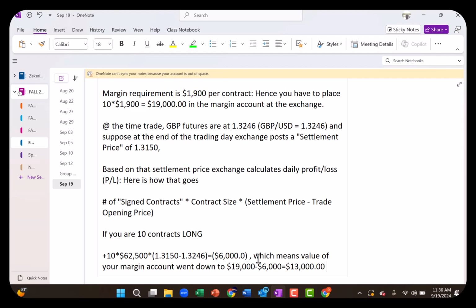There's a limit. Until then, exchange doesn't tell you that you should do something about it. The initial margin is called the initial margin, but there is also a number called maintenance margin. If you go below that, in the old days, you literally got a phone call that said, if you want to keep this position, you got to put in more money. Okay, that's why it was called margin call.